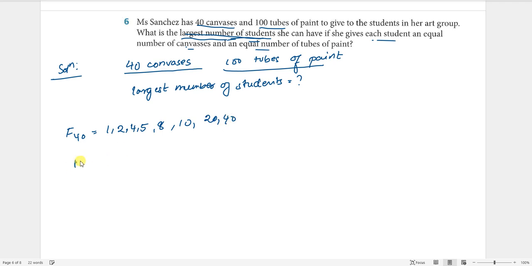We have F100 is equal to 1, 2, 4, 5, 10, 20, 25, 50, and 100. So what is the largest number of students? The common is 20. So we can write the answer is 20 students.